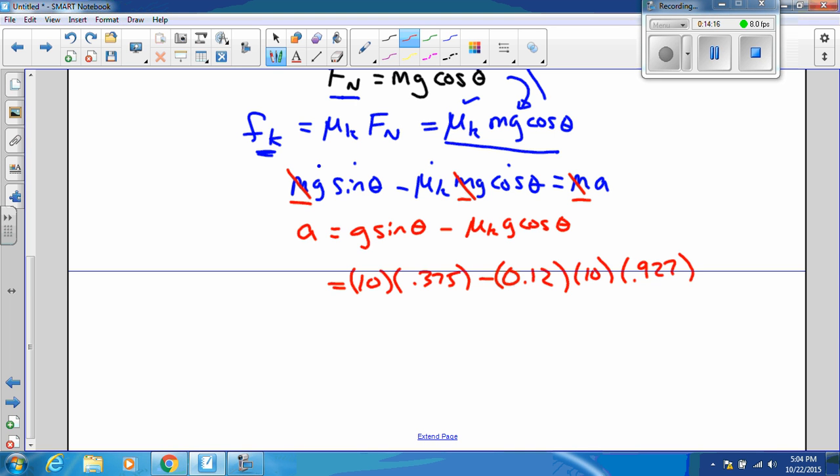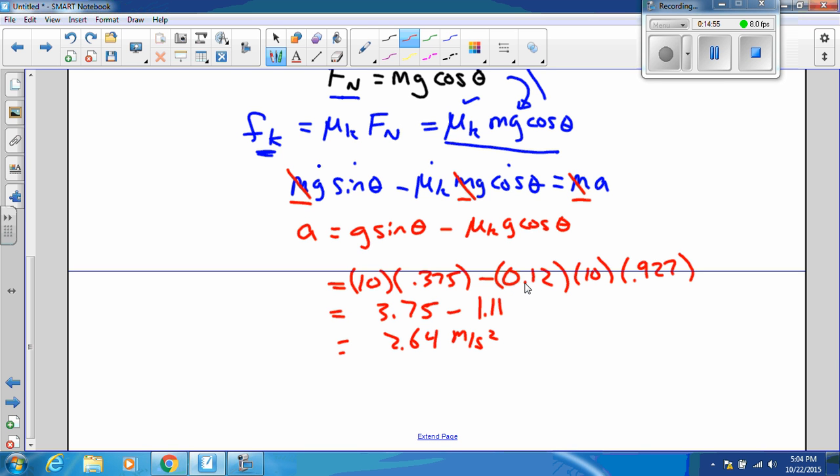And the cosine of 22 degrees, according to the calculator, is 0.927. Just like that. And all of that then, when you multiply it out and subtract, is 3.75 minus 1.11, which gives me 2.64 meters per second squared as the acceleration.